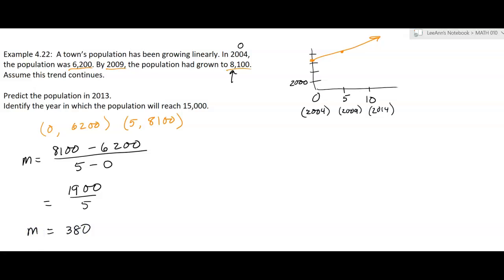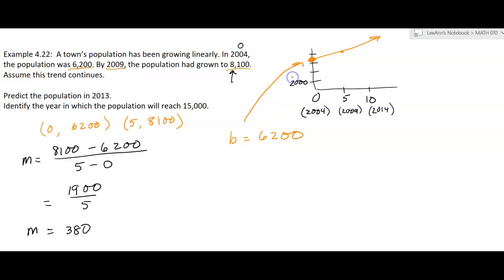Okay, so I know the slope. Now I want to come up with the equation. Well, I don't even have to use the point-slope formula because I already know the y-intercept. The y-intercept was right here. That was one of the advantages of putting that initial data right at the origin. So I know b is 6,200.